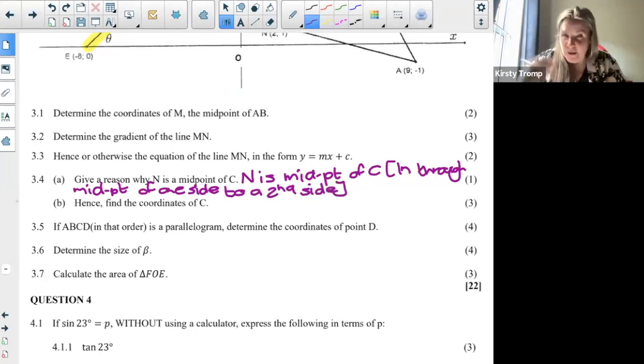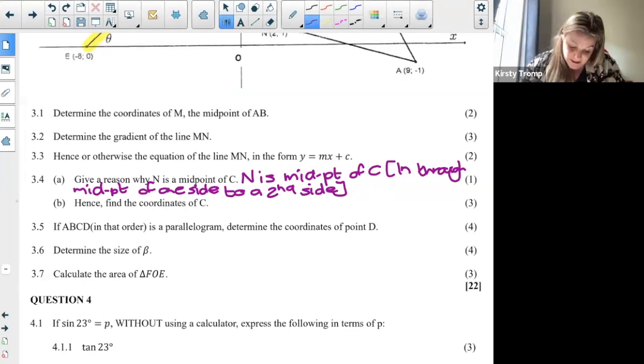That's one of the ways that you can summarize it. If your teachers have taught you a different way to summarize it, that's fine. If they've said to you it's called the midpoint theorem, that's fine. If they've said it's called the converse or whatever you call it, put it in there. Because you're going to get a mark for identifying that this has to do with midpoints and triangles and the line. You're going to get a mark for it.